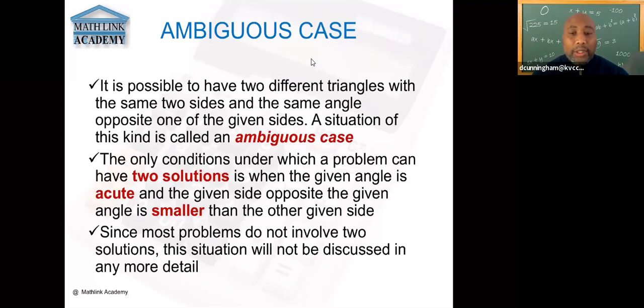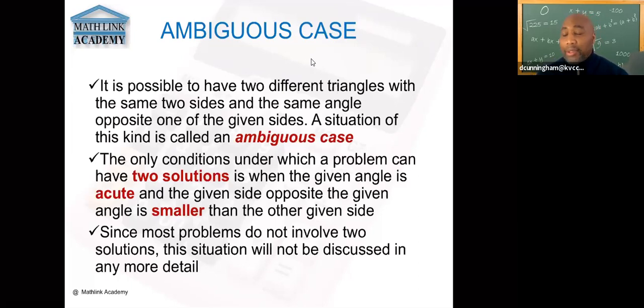The only condition under which a problem can have two solutions is when the given angle is obtuse and the side opposite it is smaller than the other given side. Since most problems do not involve two solutions, this situation will not be discussed in any more detail.